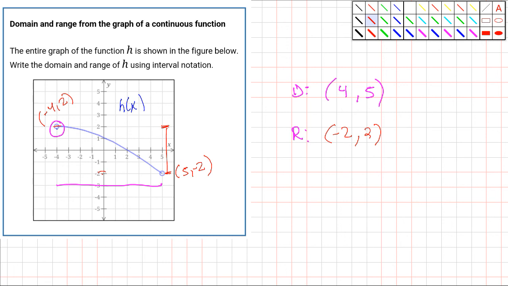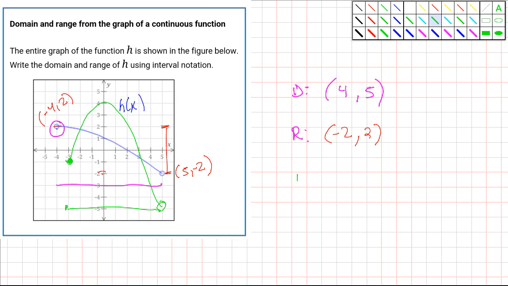Now, how would this change if you have a parabola? I'm going to do it on the same graph. Let's say I have something like this, and it came down like this. To look at the domain, I say the function on the x-axis spans from -3 to 5.